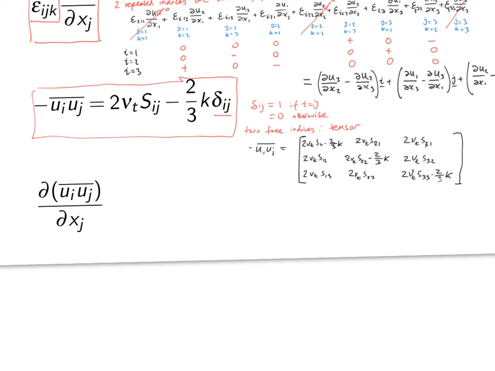So then the final term here we can see that we have two repeated indices, j, and one free index. So this is going to be a vector in i, and you sum over j.